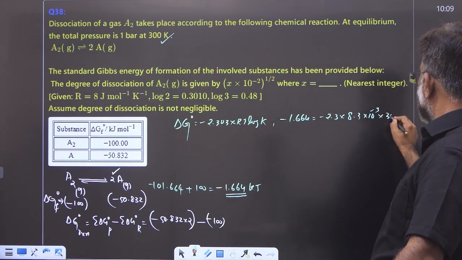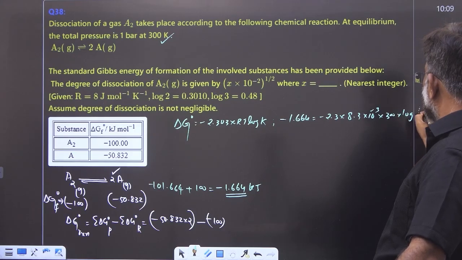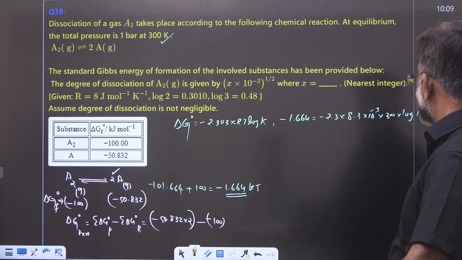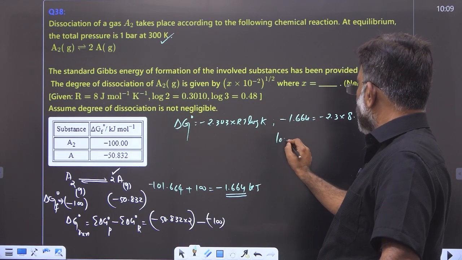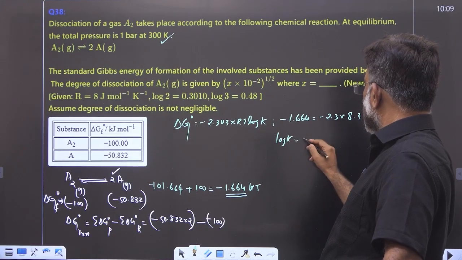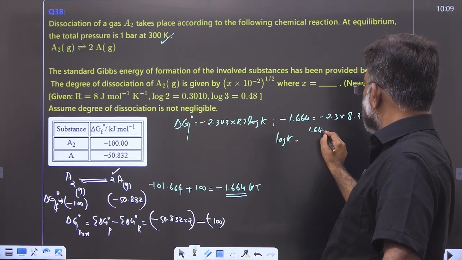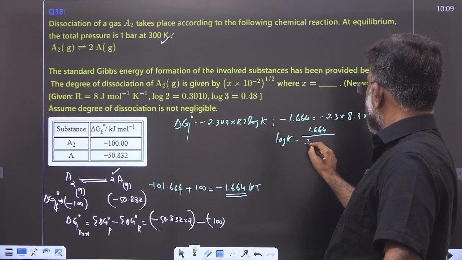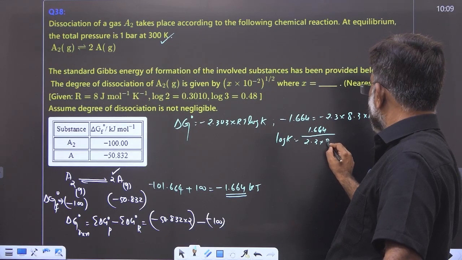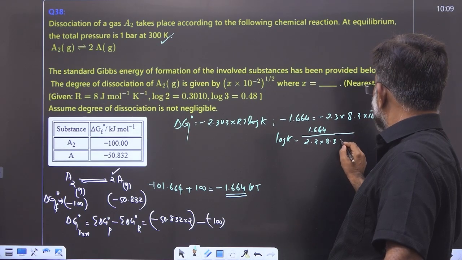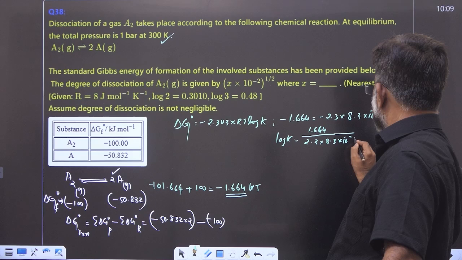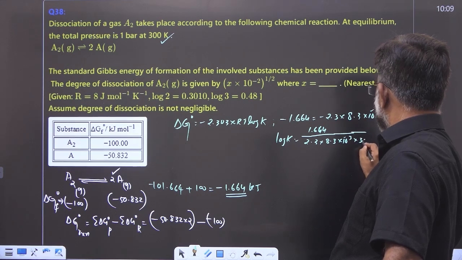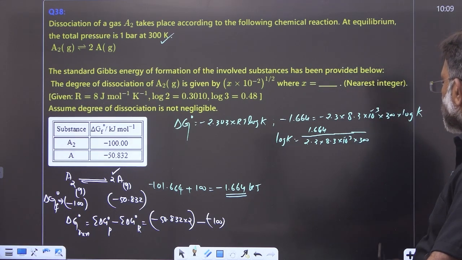So 300 into log K. Therefore, log K equals 1.664 divided by 2.303 into 8.3 into 10 power minus 3 into 300. Right?